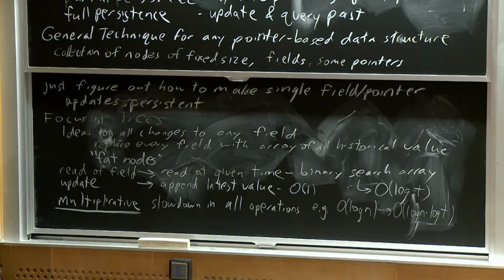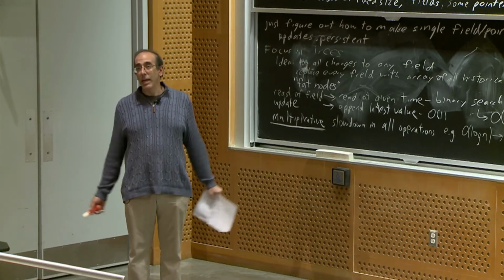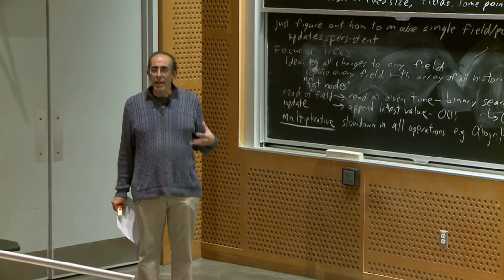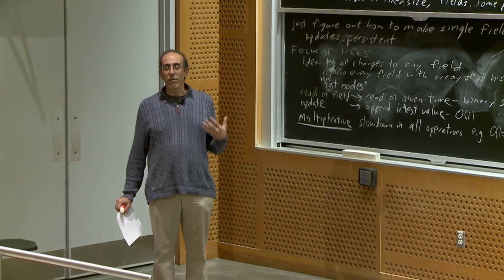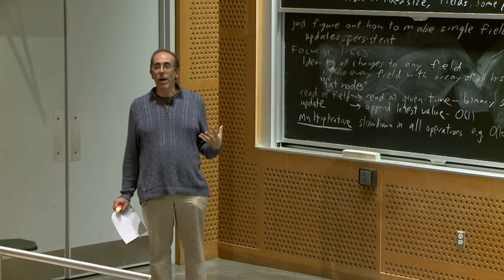And from one perspective, big deal. It's just a log factor. Who cares about a log factor? But the answer is that people who design data structures care a lot about a log factor, right? Because in data structures, it's always about the logs. We just spent a lecture and a half figuring out how to change something from log n to 1.